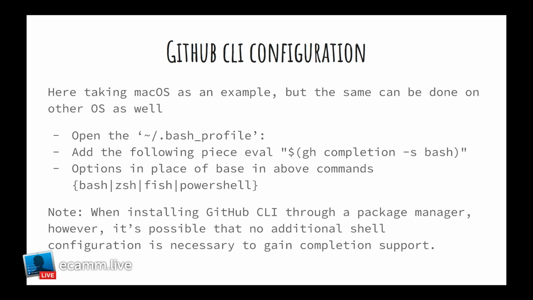So if you have downloaded the MSI file or the tar file for the Mac operating system, then to get this auto completion, you need to open the bash underscore profile file and add this line, that is eval space in double quotes dollar gh completion hyphen s bash.